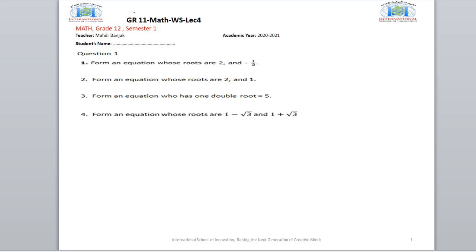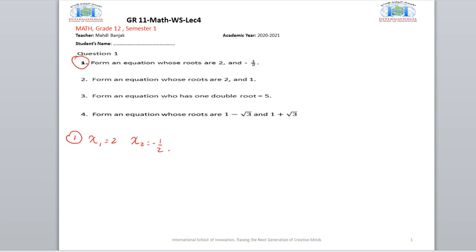Form an equation whose roots are 2 and minus half. Just form the equation whose roots are 2 and minus half. So you suppose that x1 equals 2 and x2 equals minus half.